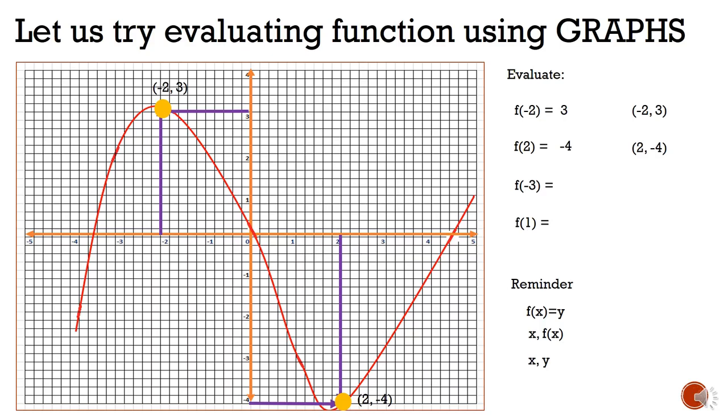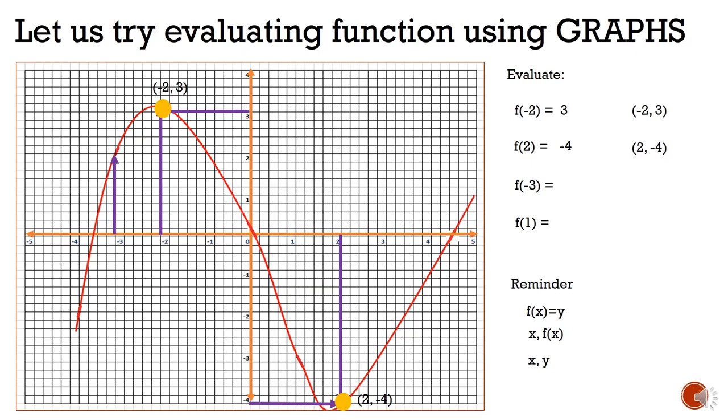Let us try the third example. Evaluate the function of negative 3. So again, your negative 3 here is in the x-axis. Okay? Draw an arrow going towards the curve line.